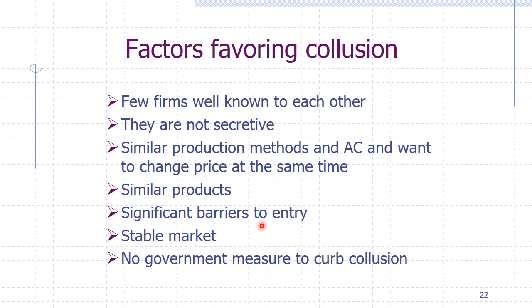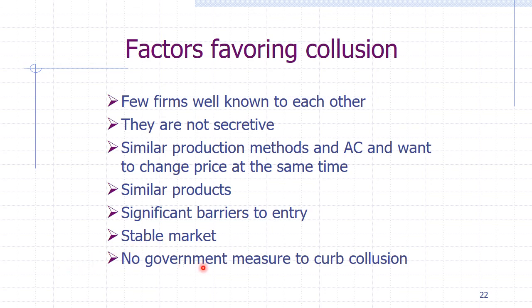When they work as a group, no one can enter this market. So it's a very huge barrier when there is a collusion or collective agreement or kind of cartel between these firms in the oligopoly structure. And also they will get a stable market. It's another advantage of a cartel.